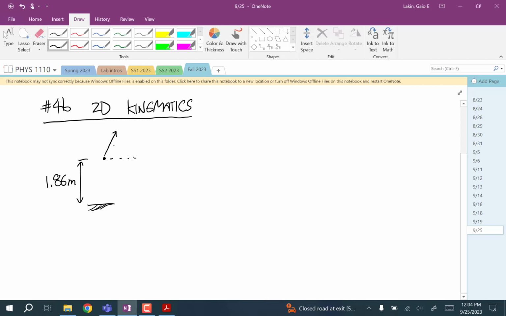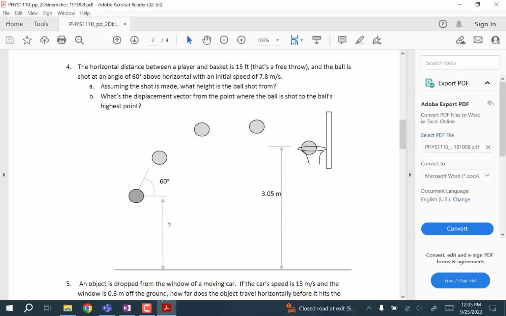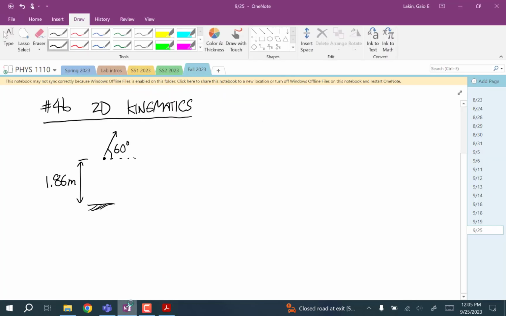And when it starts, it makes an angle of 60 degrees with the horizontal, and 7.8 meters per second is the speed. And so it follows a trajectory like that. Ooh, that's such a good parabola. And so it goes through the basket up here somewhere. And we're trying to figure out the displacement from where it's thrown to where it is at the highest point.